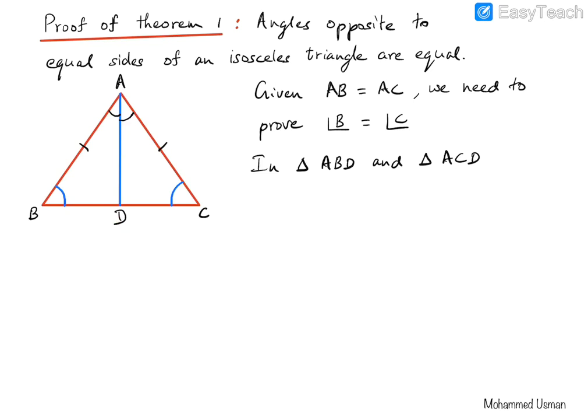So in these two triangles ABD and ACD, the first thing we notice is that AB is equal to AC. This is the given condition. How do you know that? Because that is given to us.